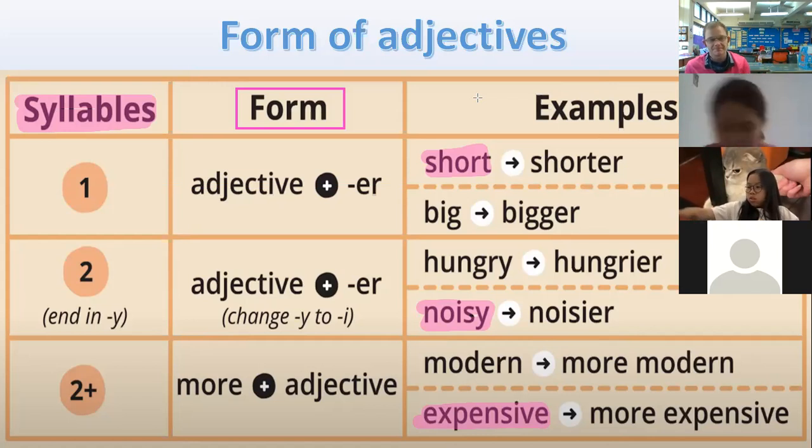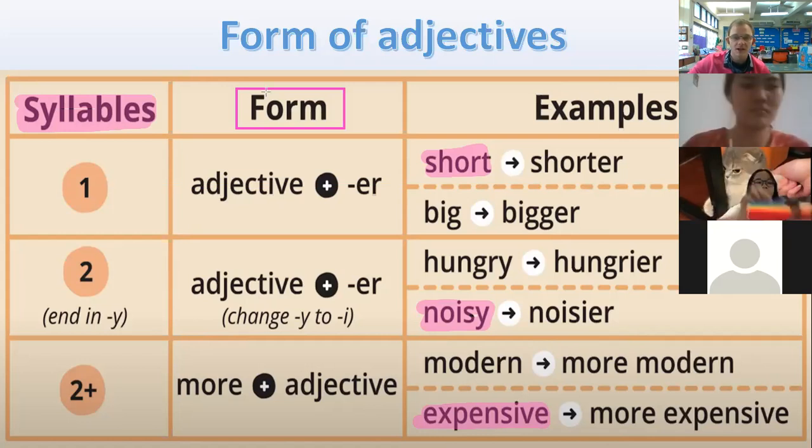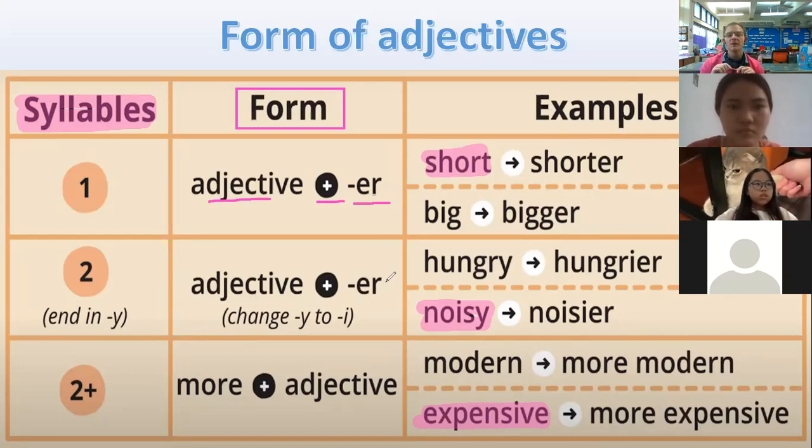Okay. So when we look at the form, these are rules we have to study and remember. If a word has one syllable, like the word short, when we use the comparative adjective form, we take the adjective plus er. So short becomes shorter. Big becomes bigger, but for big we have a different rule.